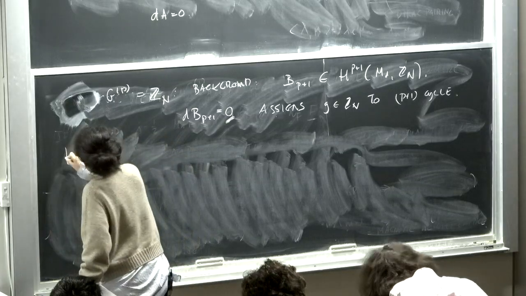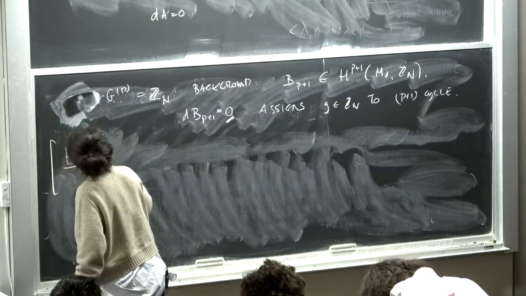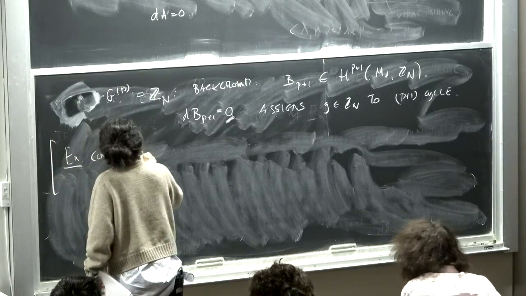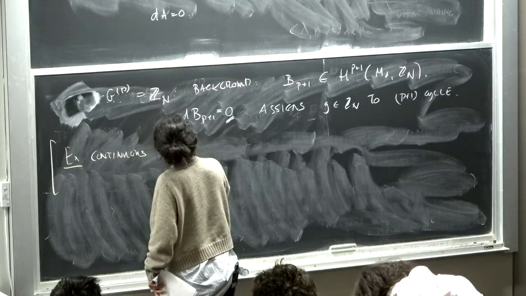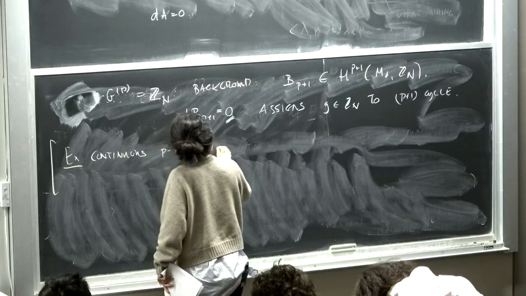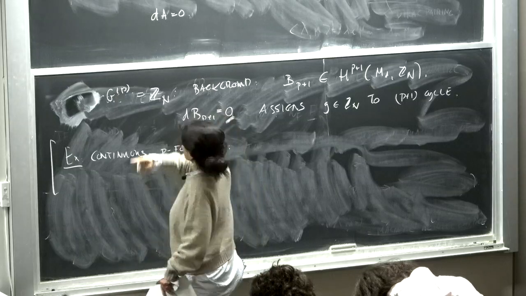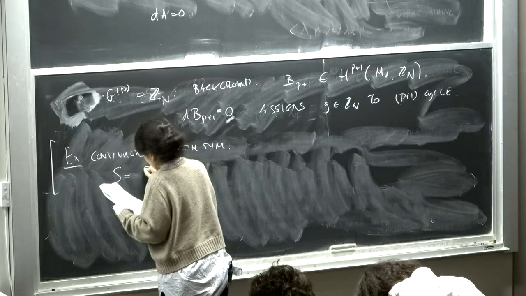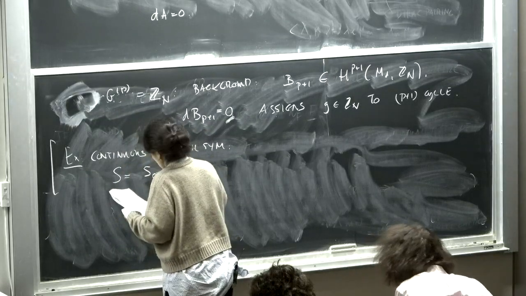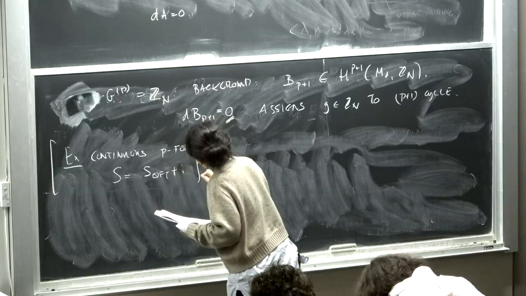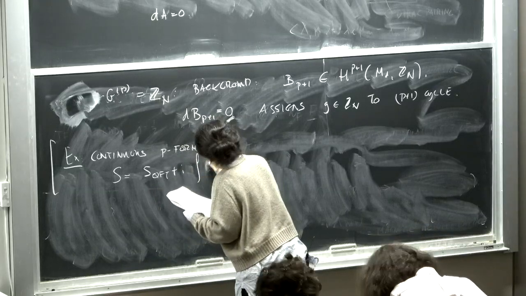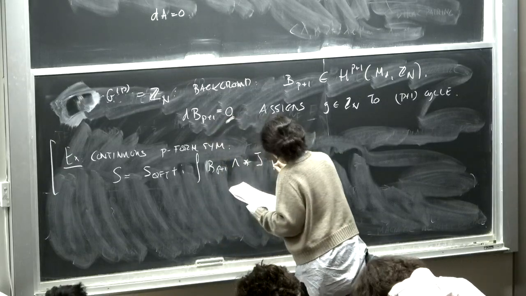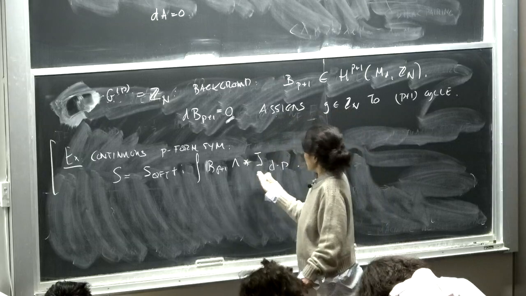So a nice exercise actually is, see this for continuous p-form symmetries. You can do the standard thing by adding to your action, for your QFT, some integral of b_{p+1} wedge star of some current j_{d-p} for this higher form symmetry.